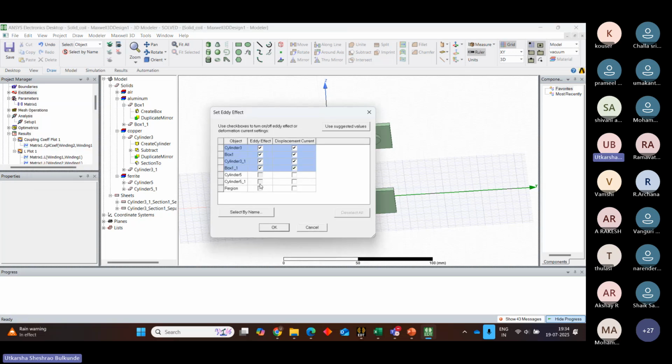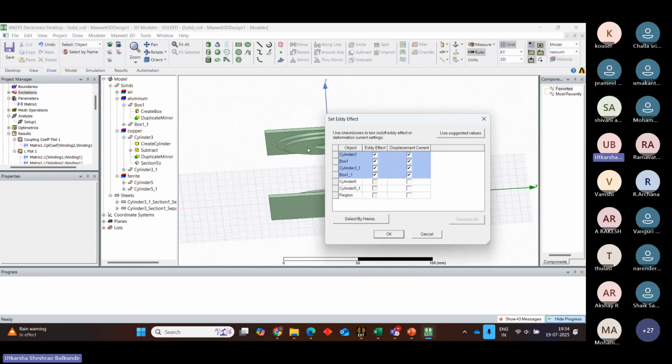We have not selected it while running, so it will not show. Eddy current will come for your copper winding and your aluminum plate. That's why by default, these boxes are checked. Understood?